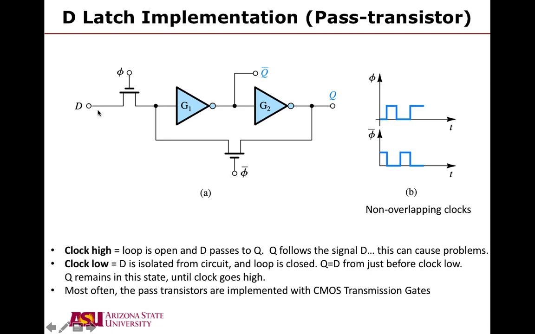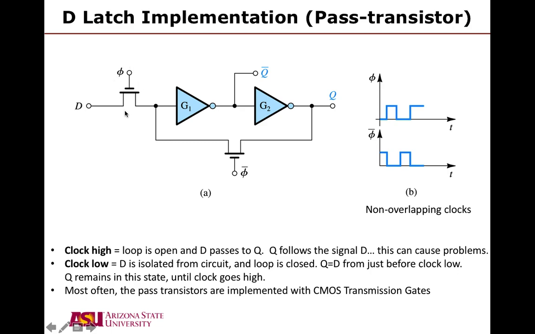And you get D that passes to G1, that's just an inverter, to create Q bar. So Q bar is just the opposite of D. And then it passes through another inverter to get Q. So that means Q follows D, right? It's tracking D, that's why it's a data latch, when the phase is high.